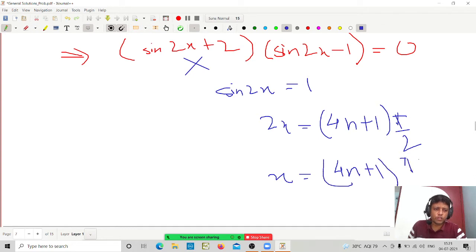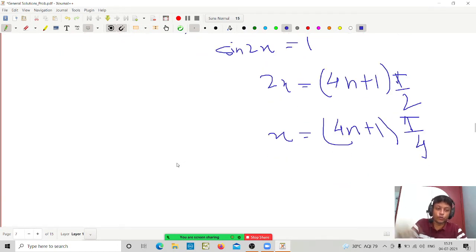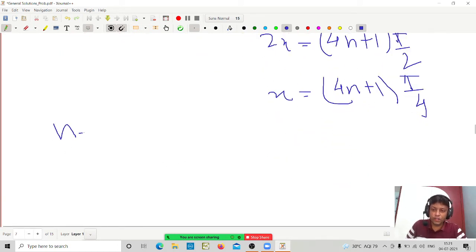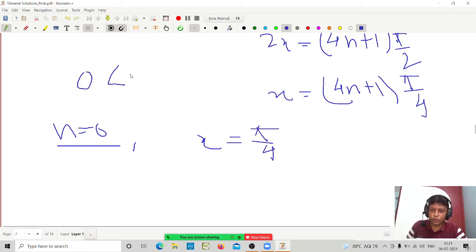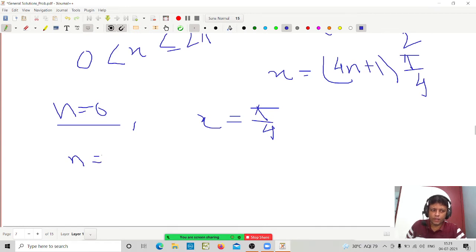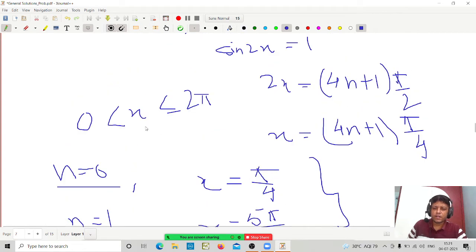This is not the final solution because you have to find how many solutions there are in the interval 0 to 2 pi. You start from n equal to 0: x equals pi by 4, which satisfies the range 0 to 2 pi, so you will consider this value. If n equals 1, x equals 5 pi by 4. These two values satisfy the range.